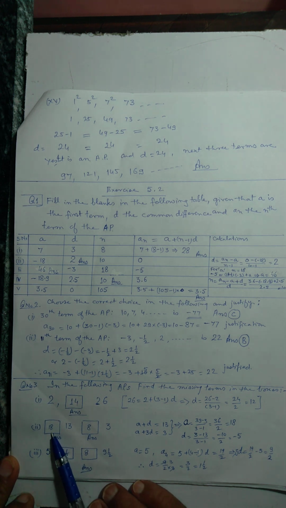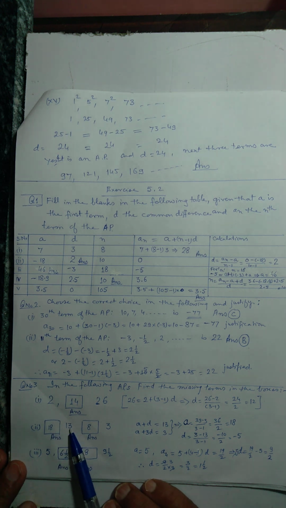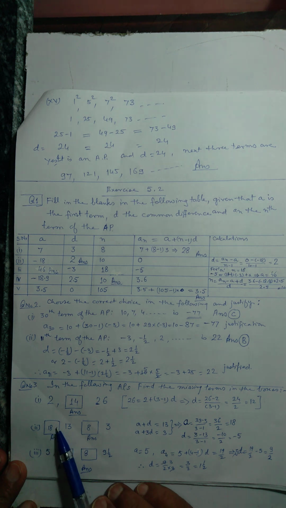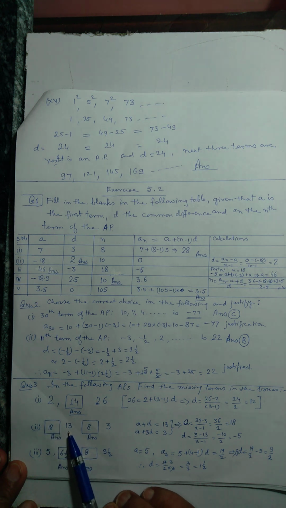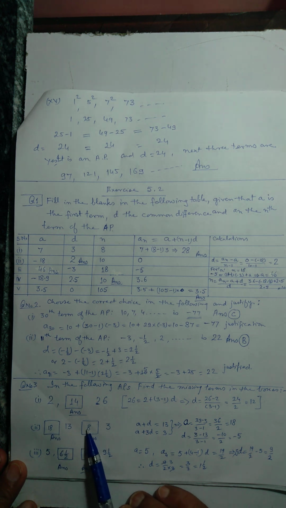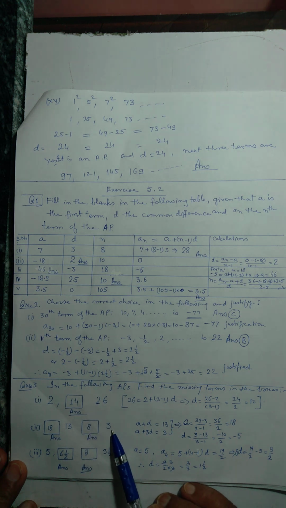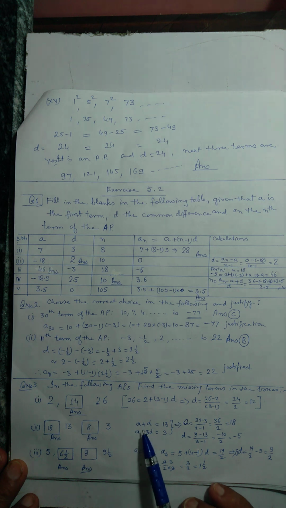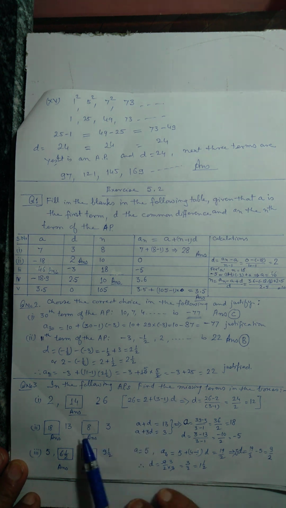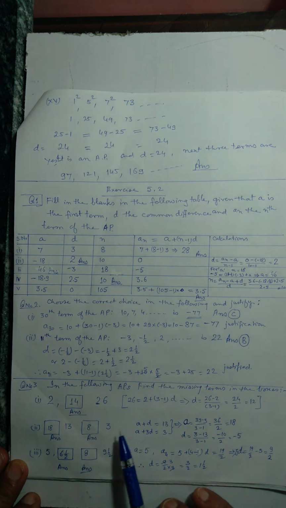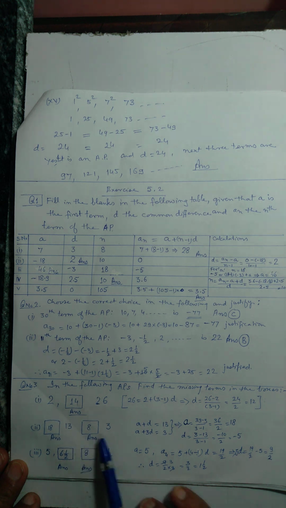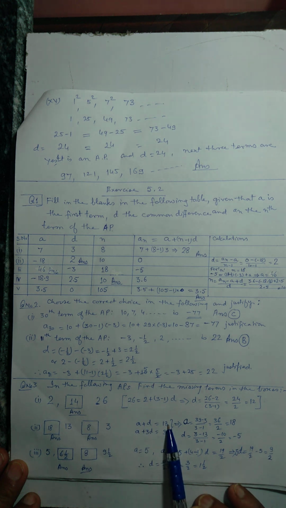Now come to the second part, that is, first term is blank, second term is given, that is 13, third term is also missing, and fourth term is 3. So a plus d means this 13, a plus d means the first term plus common difference. 13 is given.